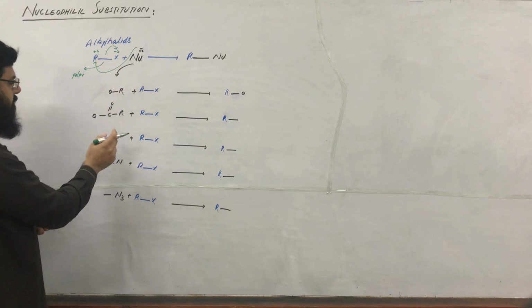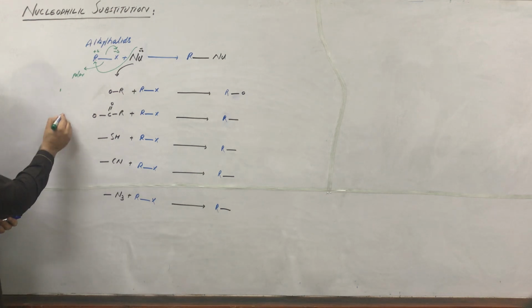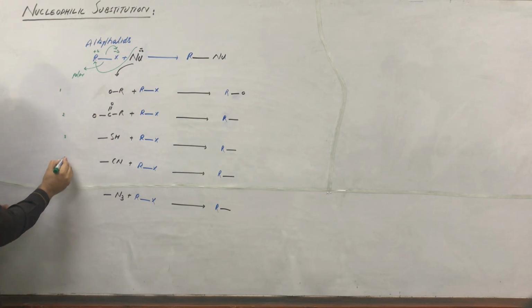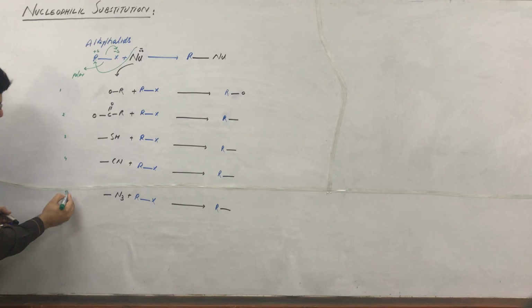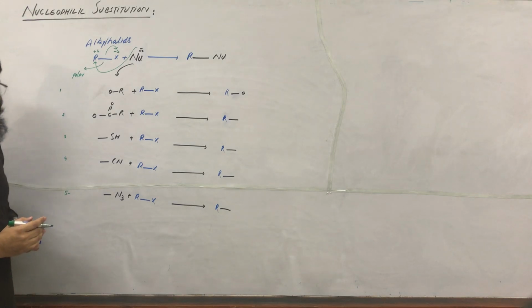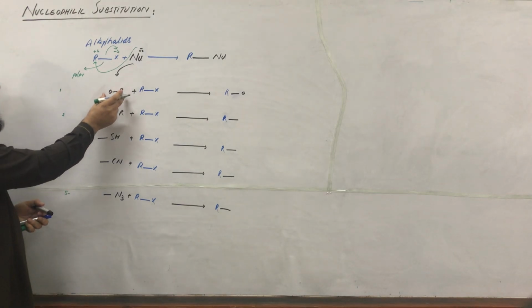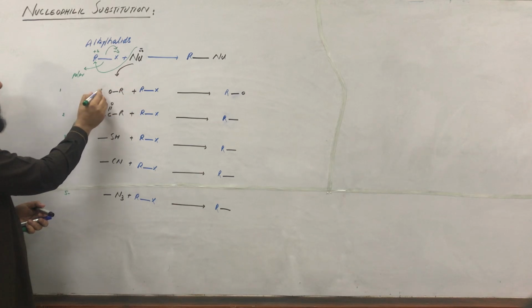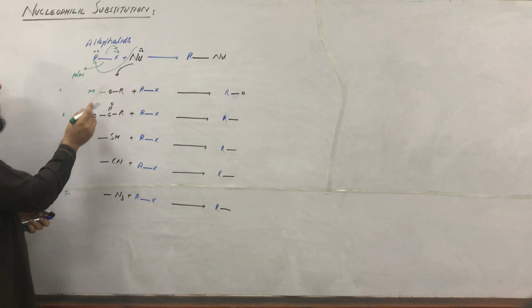So, here we have a variety, 1, 2, 3, 4 and 5, of nucleophilic species which can react with alkyl halide. Usually these nucleophiles are in the form of their metallic salts. If we connect a metal here, this will become a complete salt.